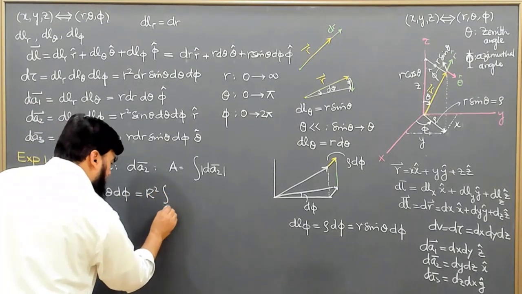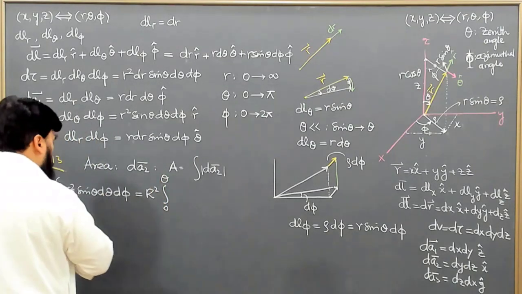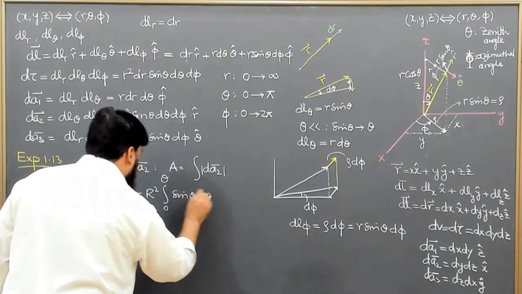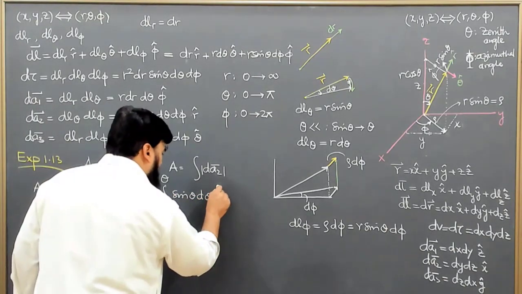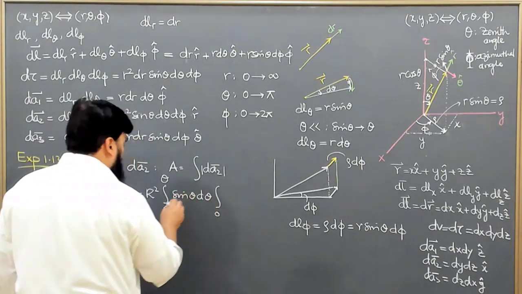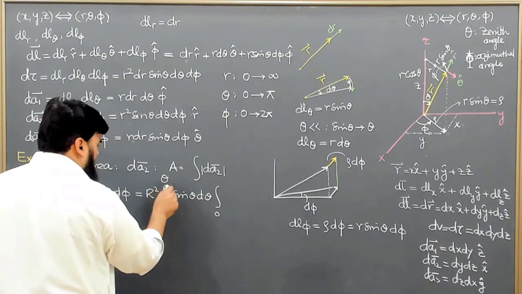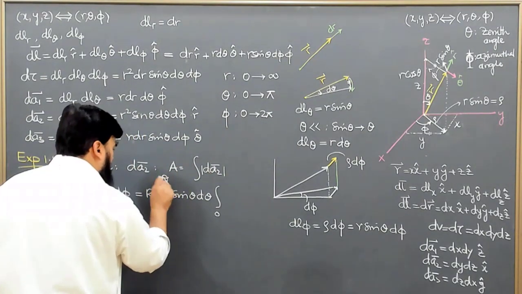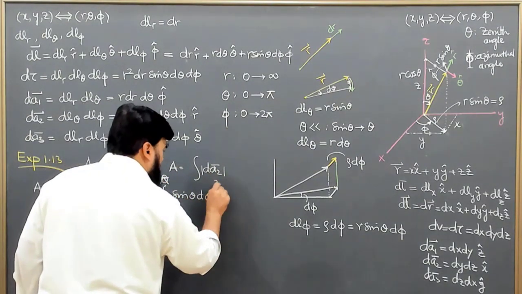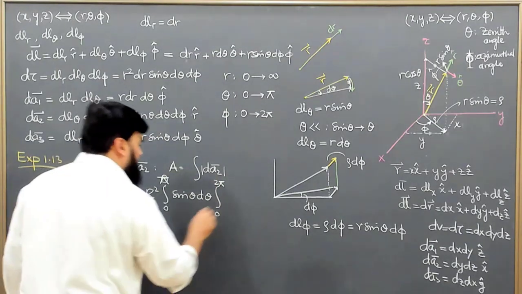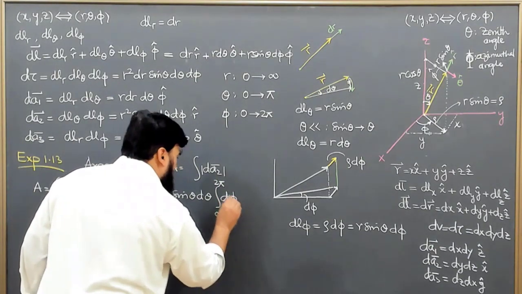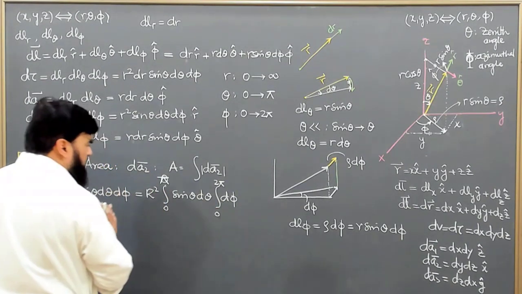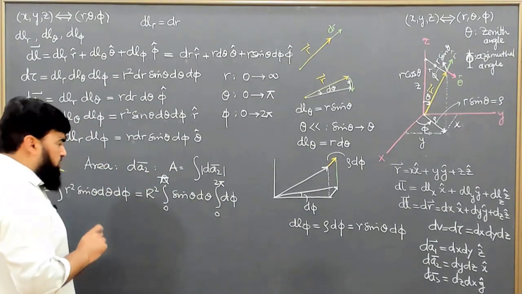Then the integral from 0 to pi on sine theta d theta, and the integral on phi from 0 to 2 pi, d phi. We know that this completely is called a solid angle and its value is 4 pi, but let me calculate this one.